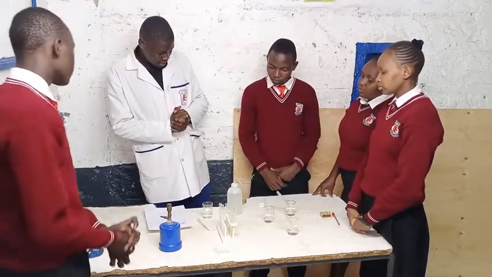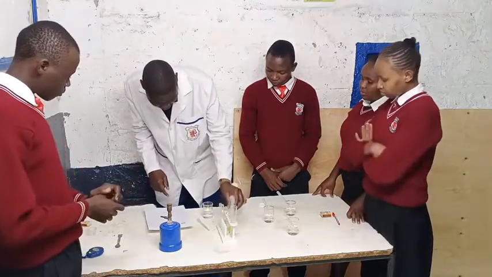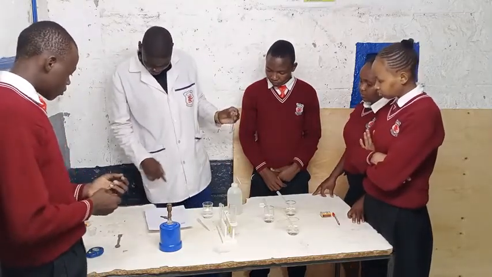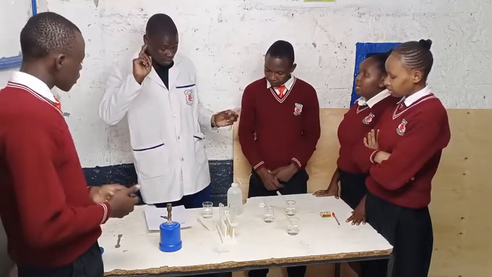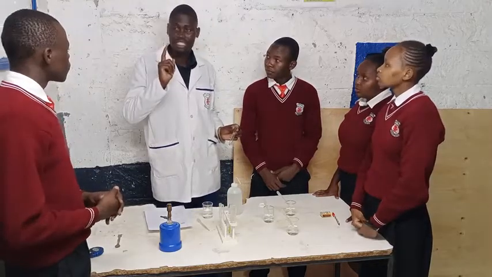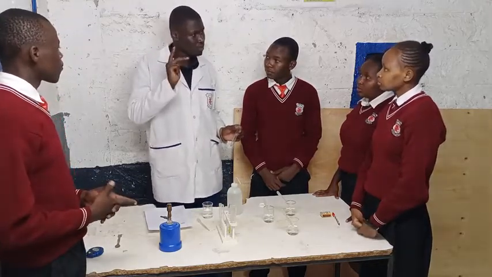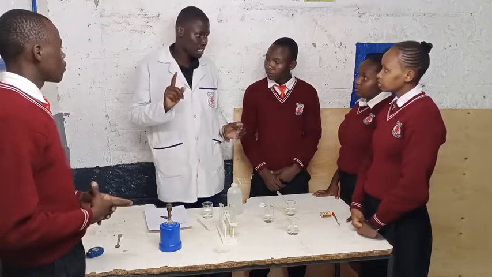Our next thing is that we now add 2 drops of hydrochloric acid. HCl in the lab tests for lead or silver.